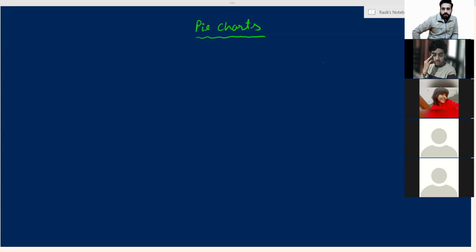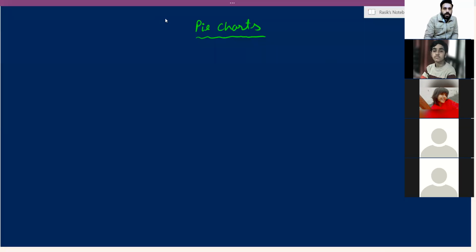They ask the public to vote for something, just a simple opinion poll about any topic, and then they show the data in the form of a pie chart: the percentage of people saying yes, the percentage saying no, and the percentage of people who have no opinion about it. They are confused. Okay, so they show this data on a pie chart.